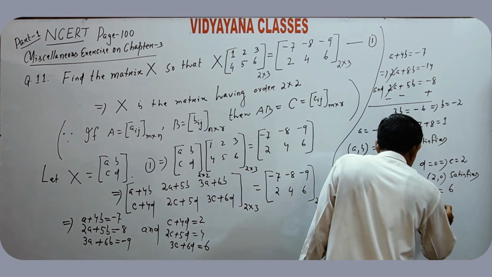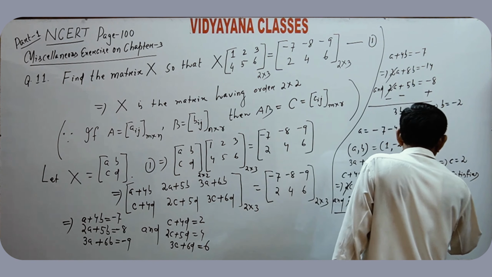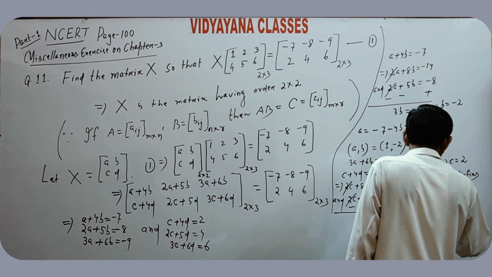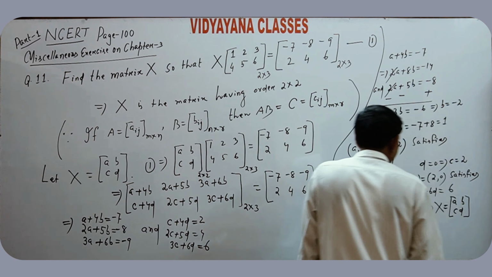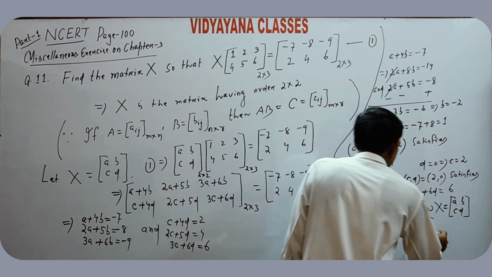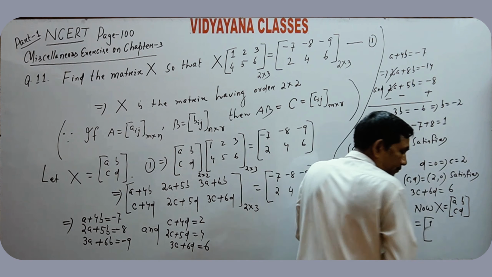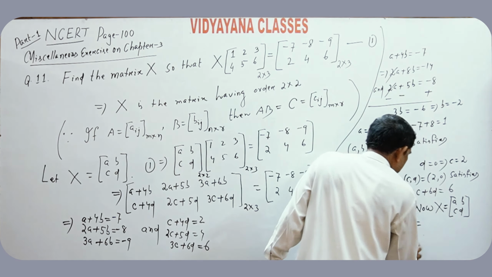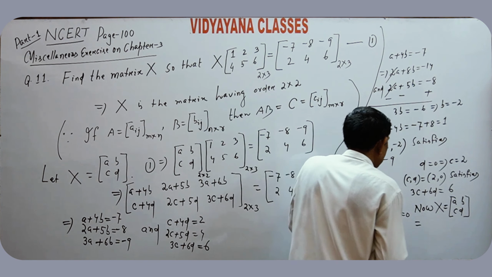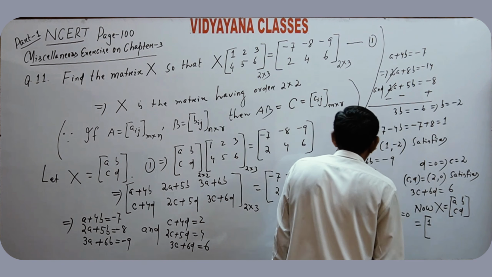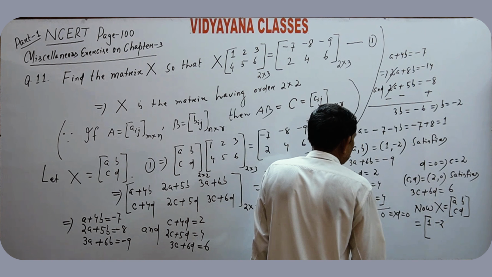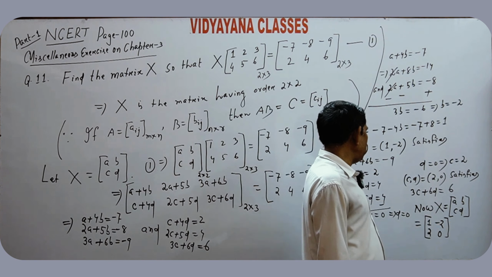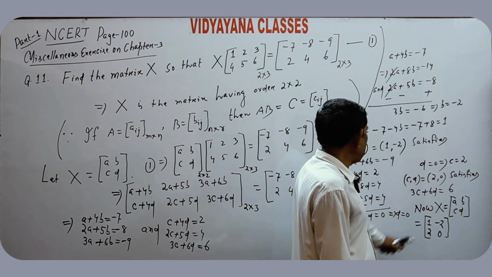Now, capital X is a matrix having elements A, B, C, D, which is the same as A means 1, B is equal to -2, C is equal to 2 and D is equal to 0.